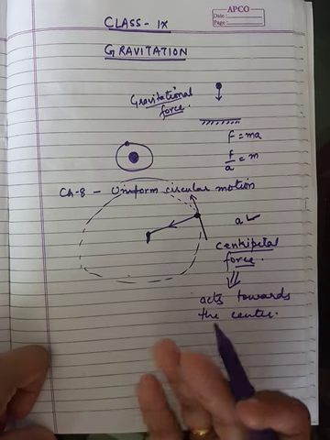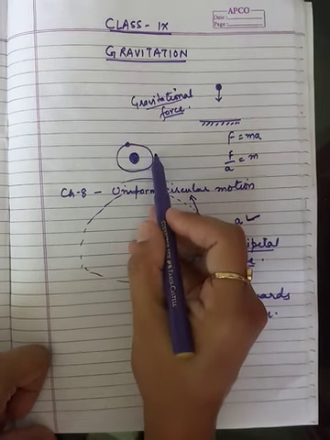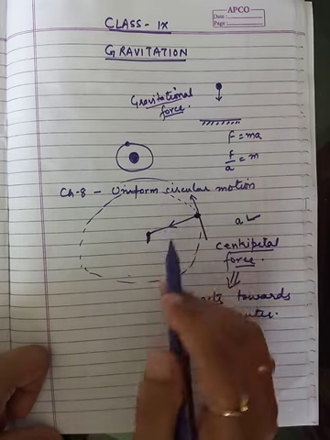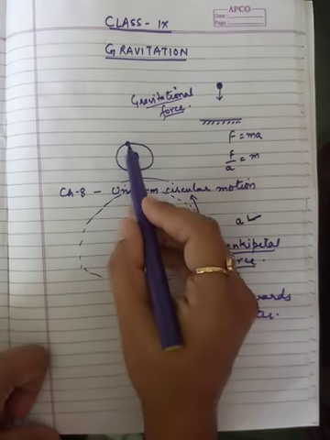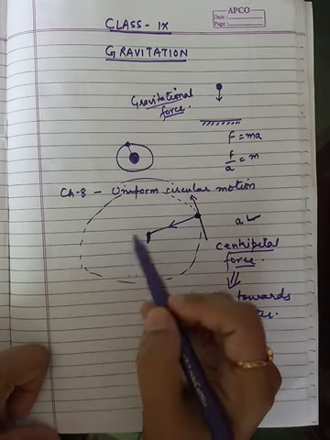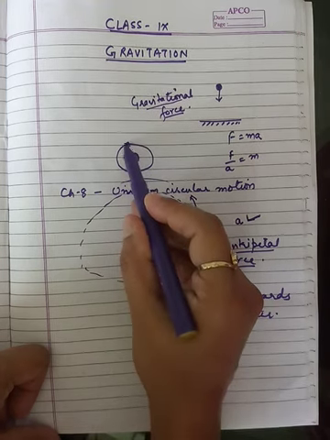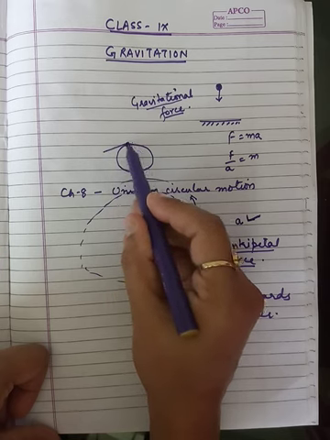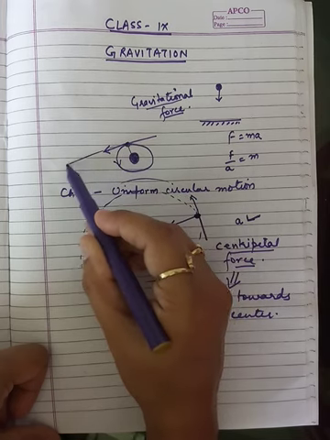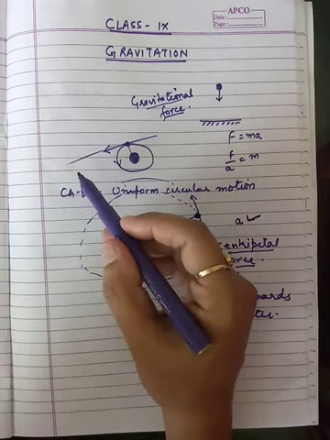Newton said that that's what will happen to our planets also, that may happen with the moon also. If this gravitational force is not there between the earth and the moon, then it must go away in the direction of this tangent, moving away with uniform velocity.